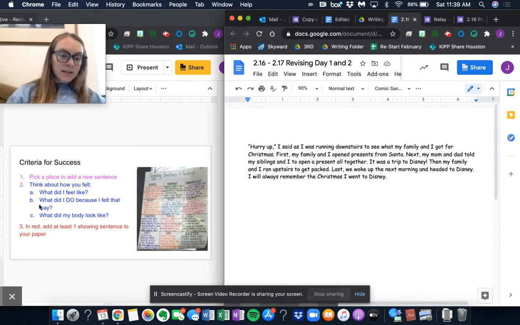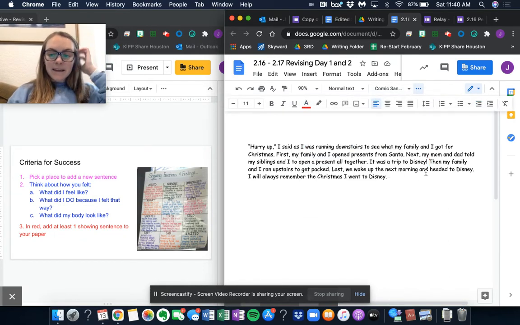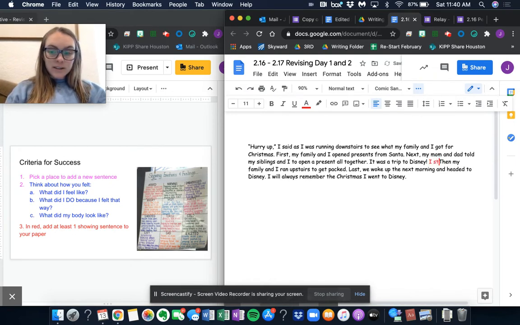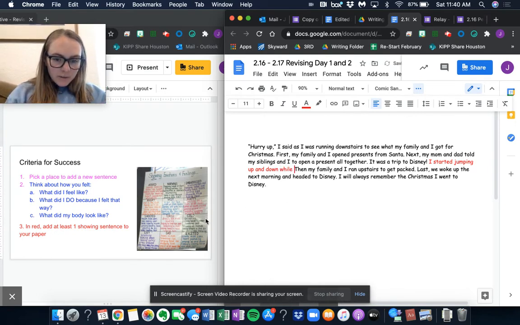And step three is to add in red. So I need to go to my three dots, make sure I'm on the red, and add that one sentence. I could say, I started jumping up and down while, let's see what other one I could add. Hmm, I like the clapping.